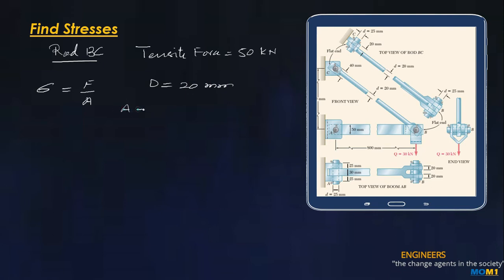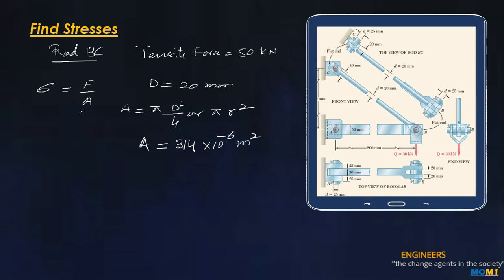So by using the expression pi d square upon 4 or pi r square, we can calculate the area, an area that is 314 into 10 raised to the power minus 6 meter square.